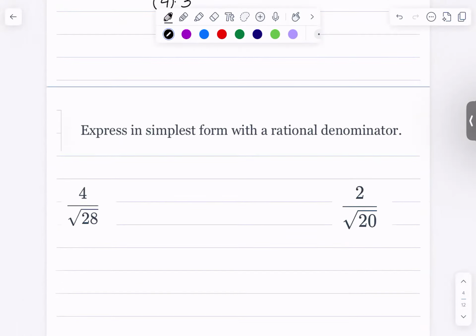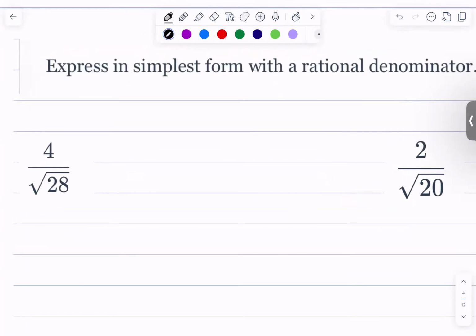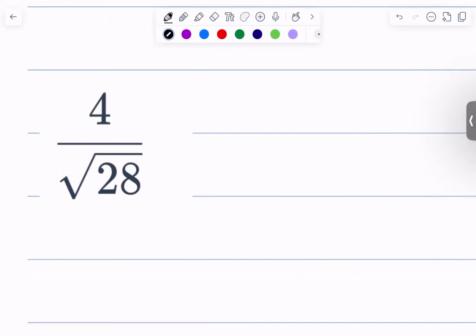All right. So we're going to use that skill now to rationalize the denominator. Okay? So in order for me to rationalize this denominator, I'm going to first simplify the square root of 28. Square root of 28 breaks out to be what? 4 and 7, right? The perfect square of 4 times 7.